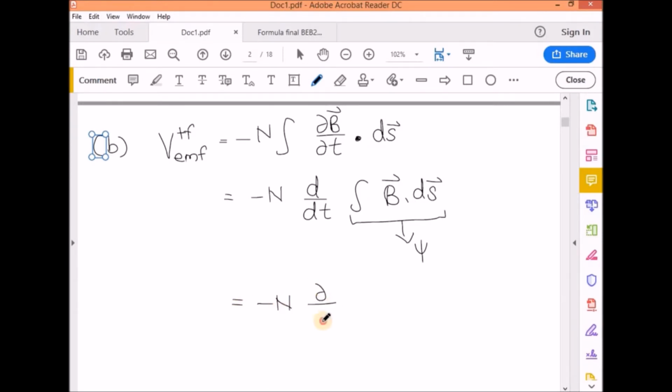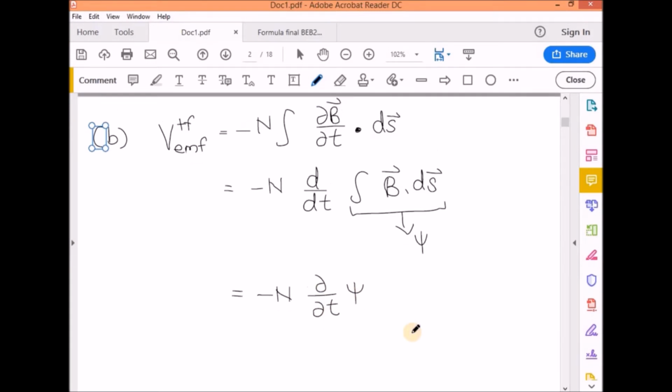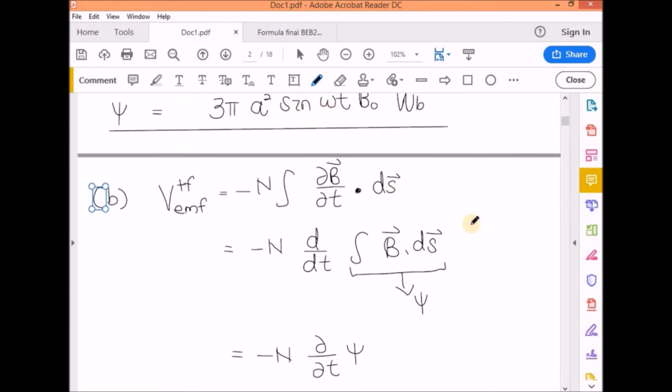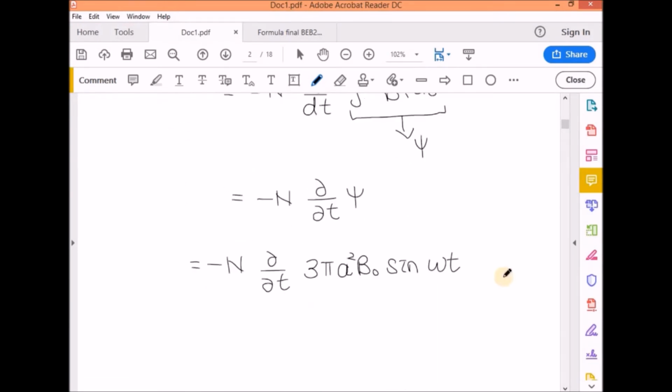Can you perform the partial differentiation with respect to t for this magnetic flux? Just now we had 3 pi A squared, B naught, and sine omega t.